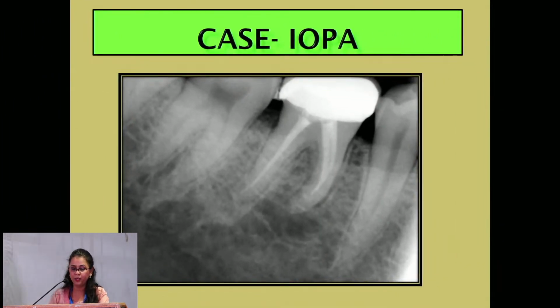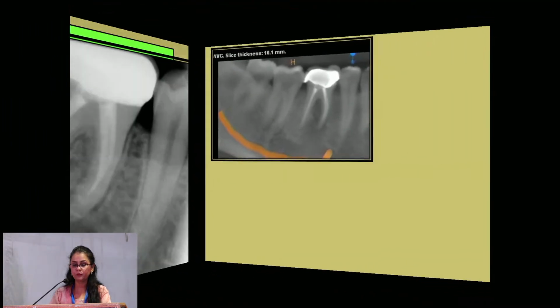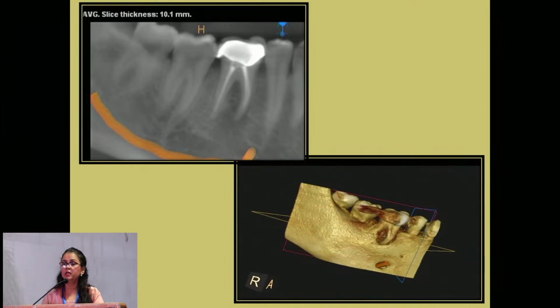You have an IOPA, which I can show you. You are not very well aware whether there is a periapical infection present or whether it's an enlarged marrow. But with CBCT, you have the lesion which is actually causing an effacement of the buccal cortical plate extending up to the furcation region.